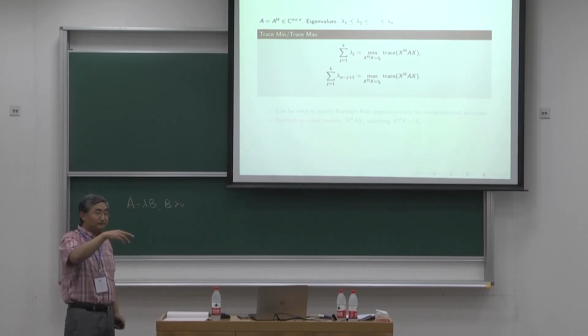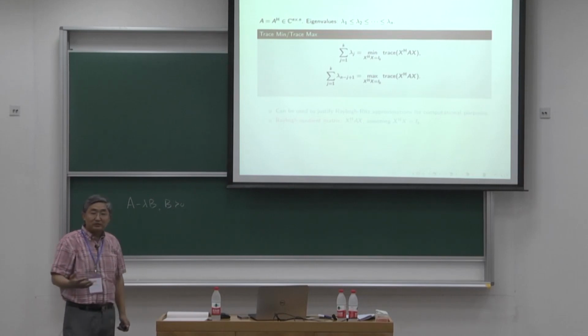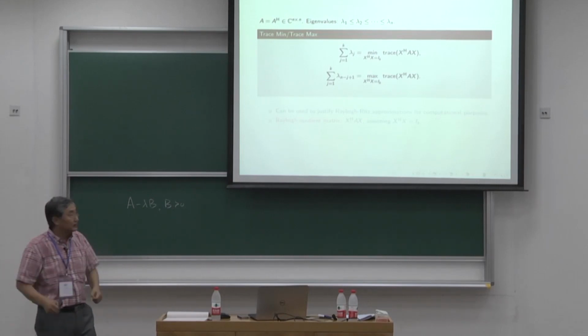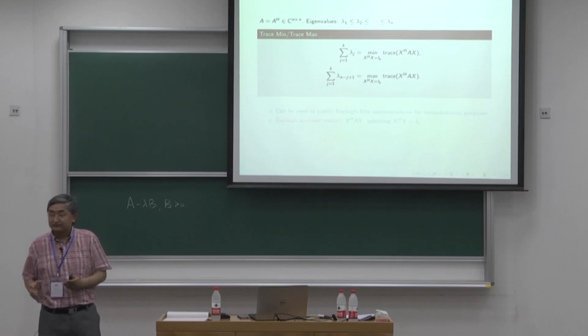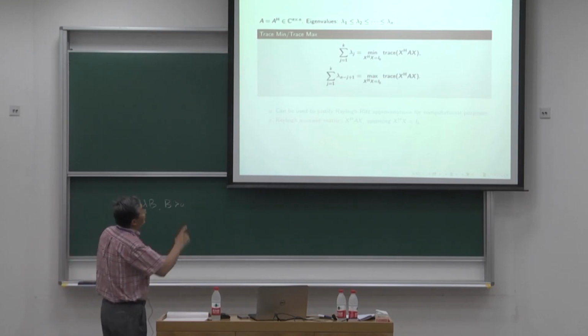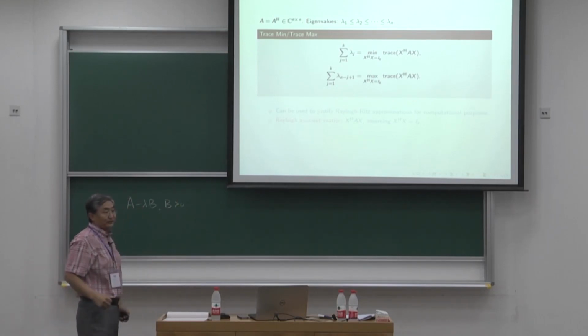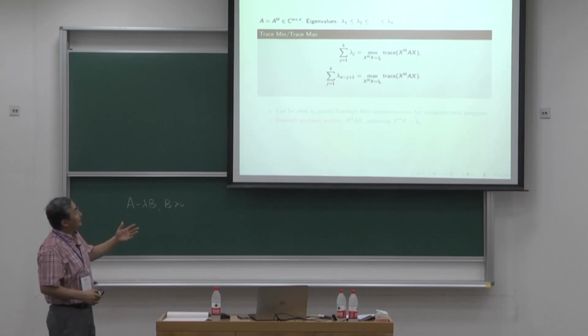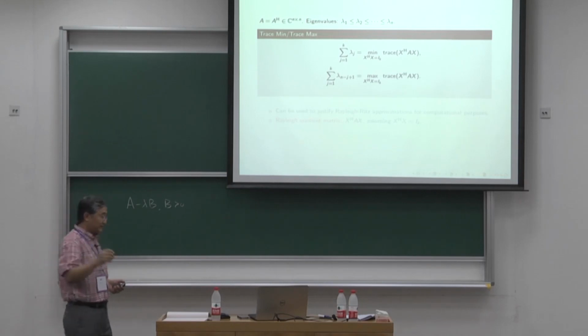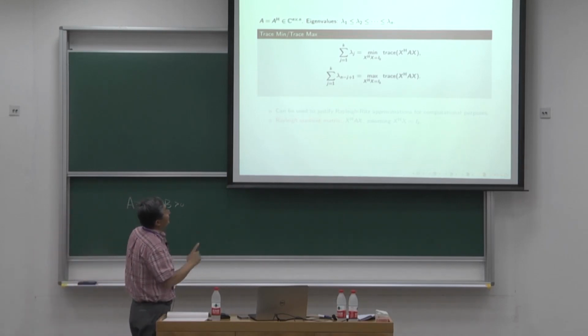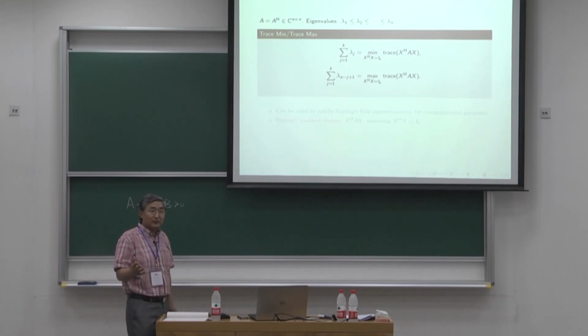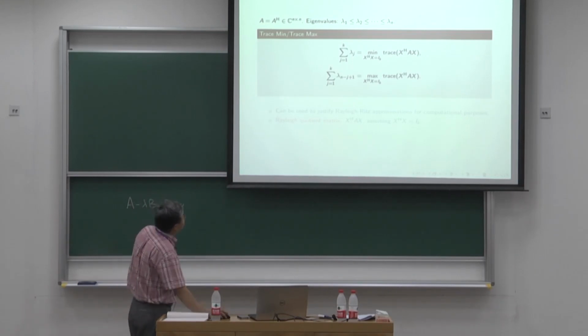So you take k orthonormal vectors. And the same is true for the largest eigenvalues. If you do max, you get the sum of the first k largest eigenvalues. The importance of this theorem is that we can use it for computing several eigenvalues together later.